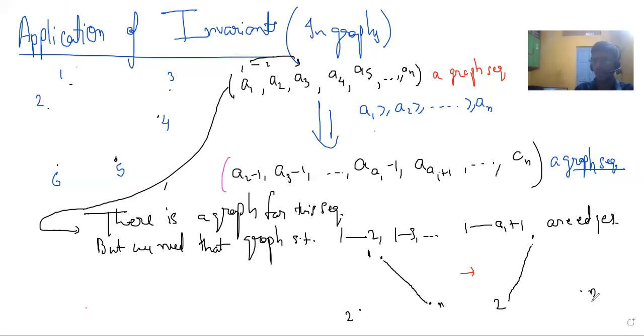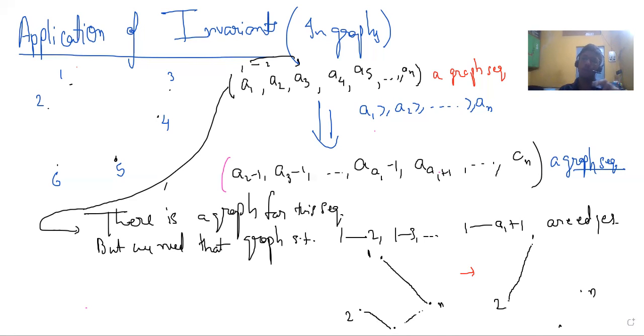Otherwise, how will you get the same sequence so that you can subtract 1? But then you have to figure out a fourth vertex, one for which 2 was a neighbor and n was not a neighbor.